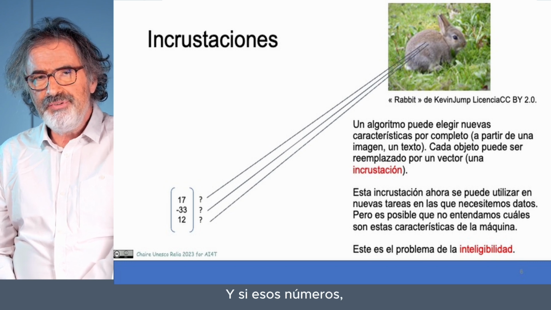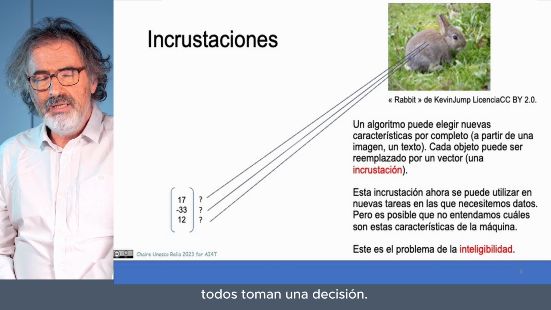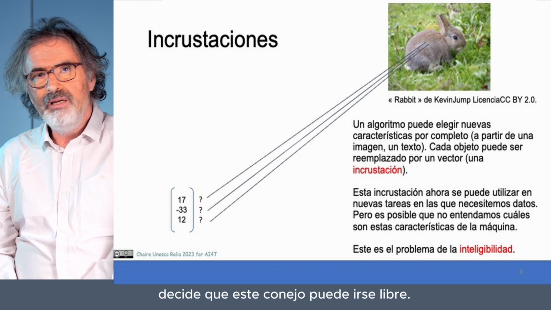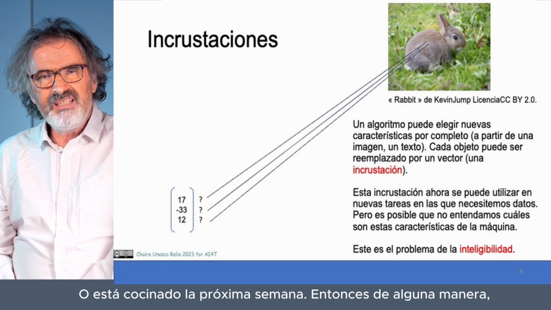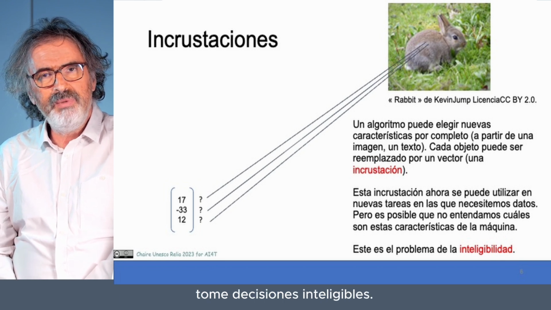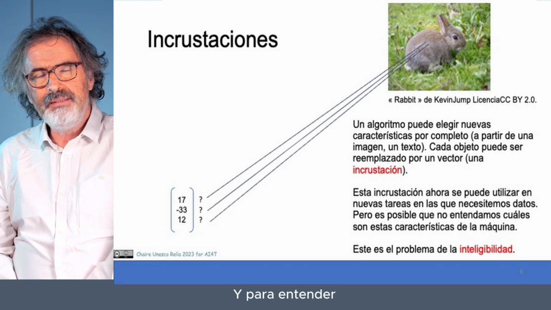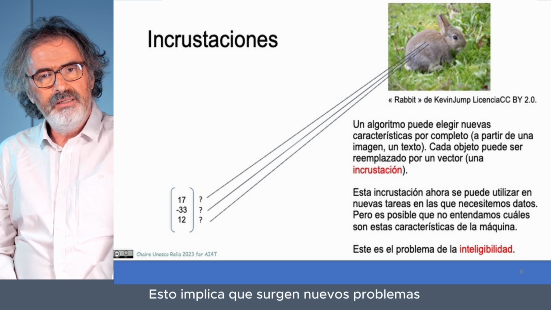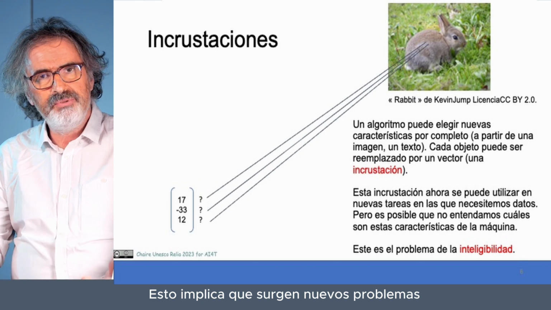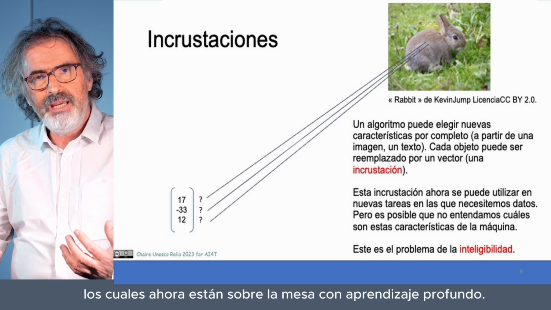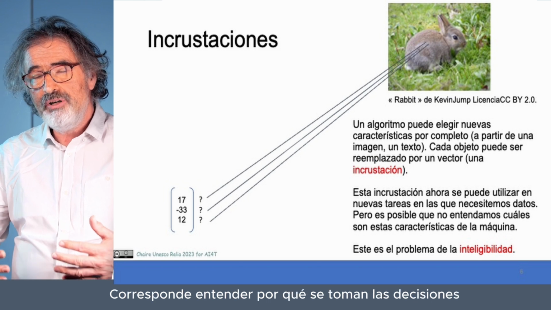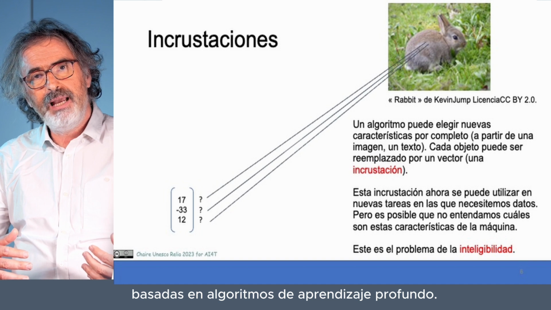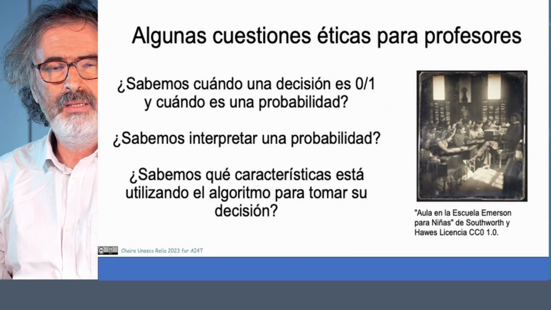And if those numbers are those that are making a decision and, for example, decide that this rabbit is allowed to go free or is cooked next week, then somehow we would like the system to make intelligible decisions and us to understand on what basis the decisions are made. So this means that there are new problems which are now on the table with deep learning, which correspond to understanding why the decisions based on deep learning algorithms have been made.